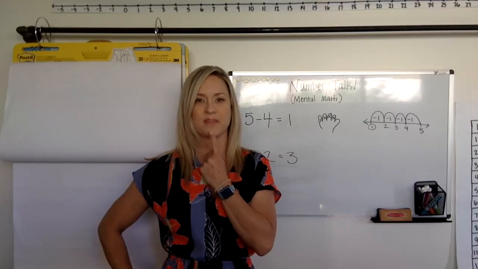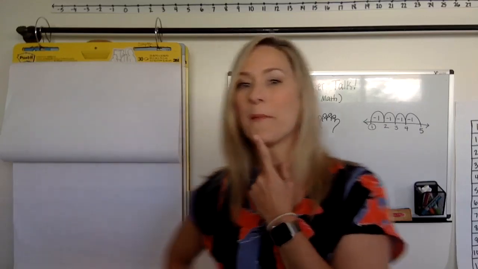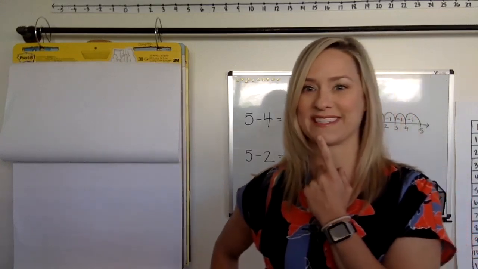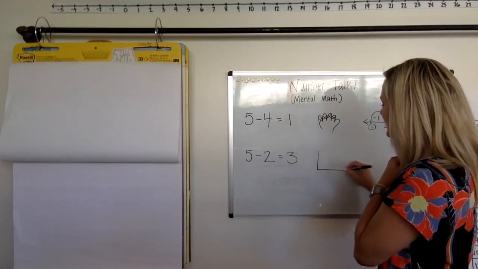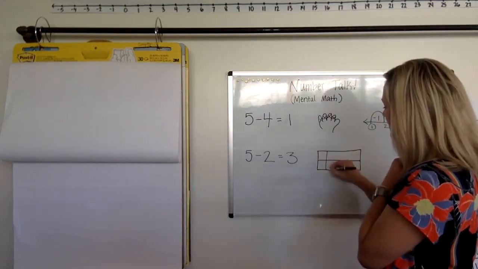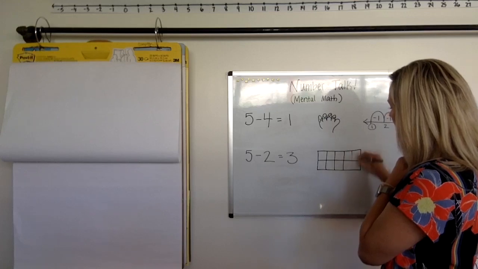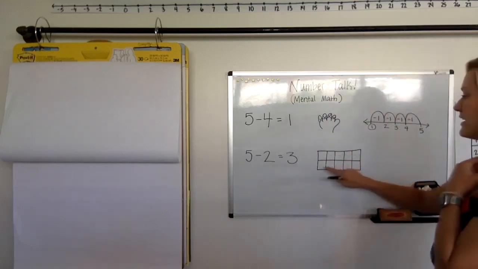Let's see here. I'm going to guess. Ooh, maybe there were some fingers out there, but maybe there was a 10 frame or a 5 frame. Let's see. What if somebody did this? Here's my 10 frame. 1, 2, 3, 4, 5, 6, 7, 8, 9, 10.